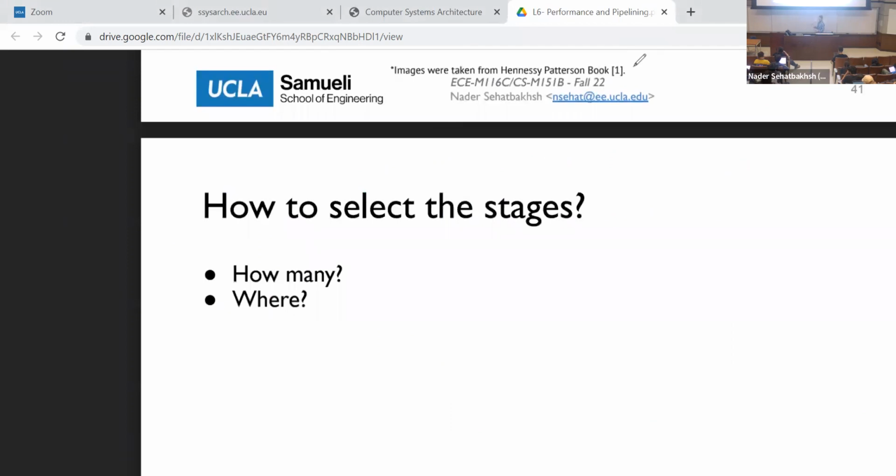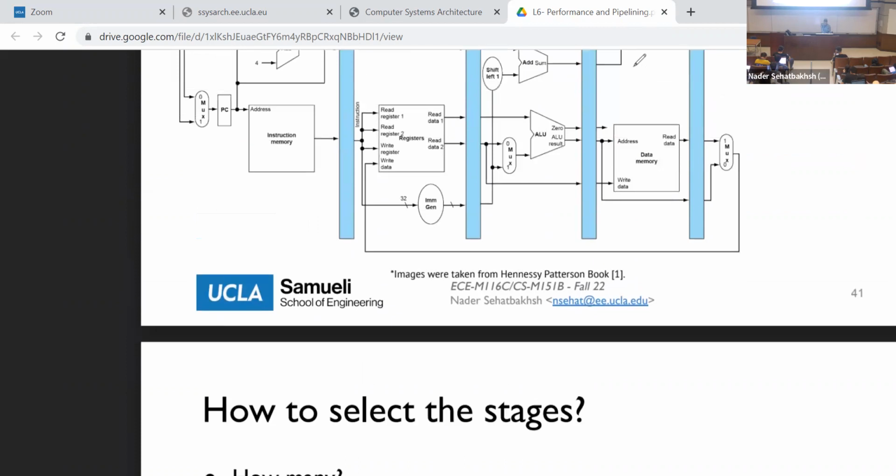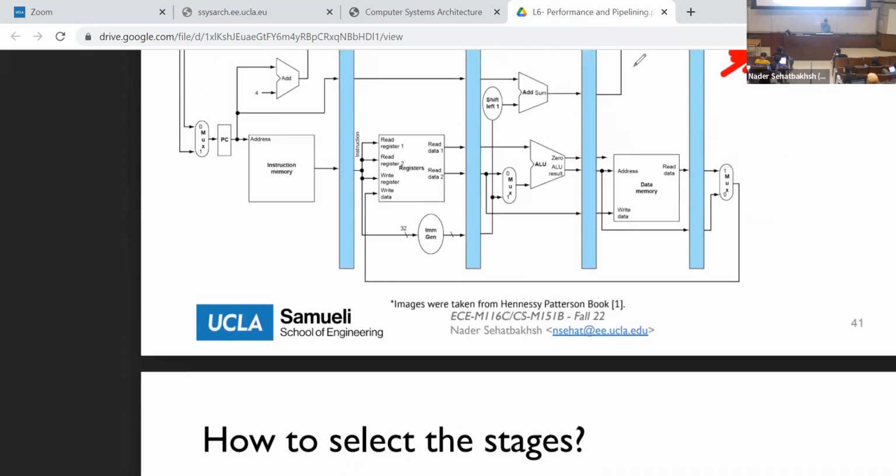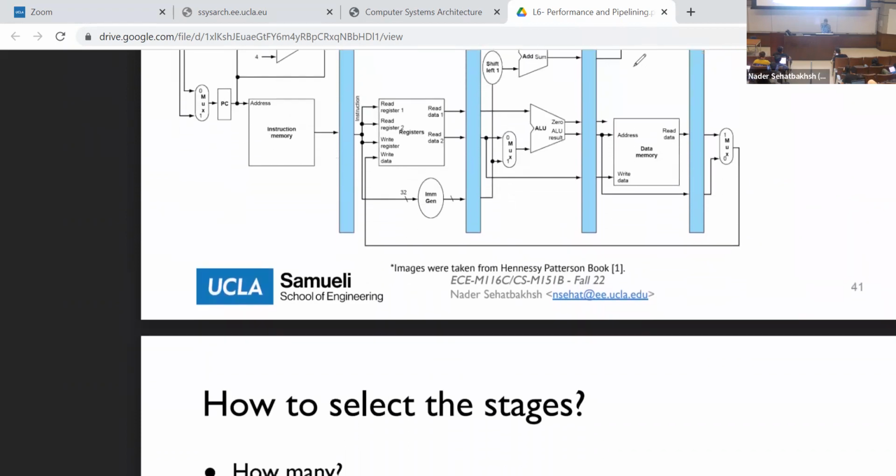So you might ask, how do we decide on 5 and not 3, why not 7, or why not 100, and where exactly should we put these pipeline registers? Why, for example, do we select this area here rather than moving it somewhere else?